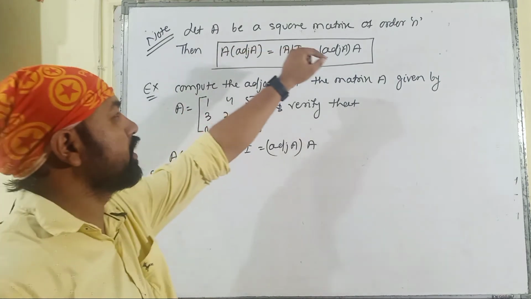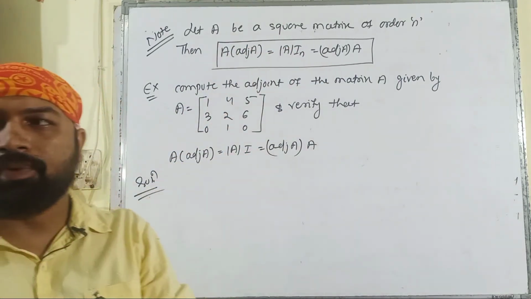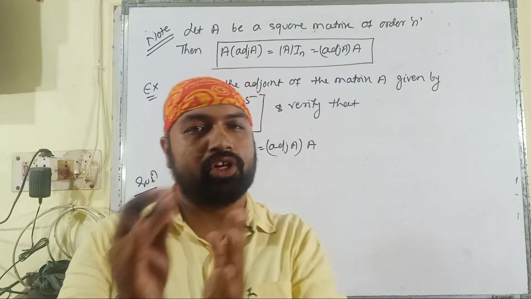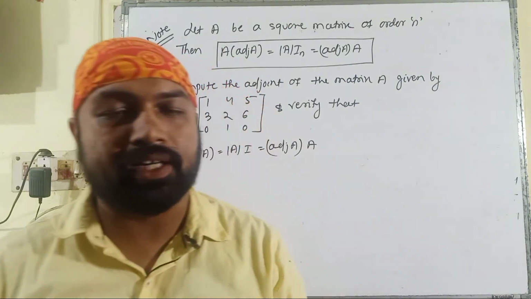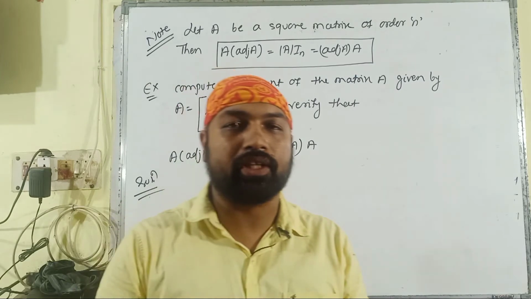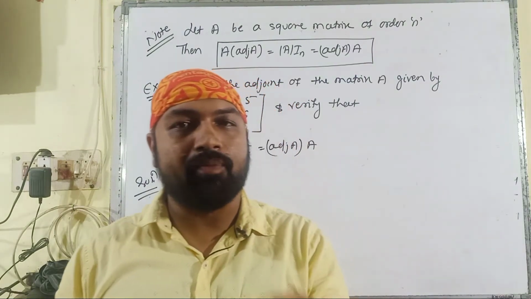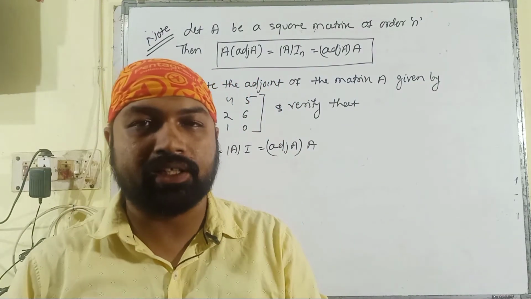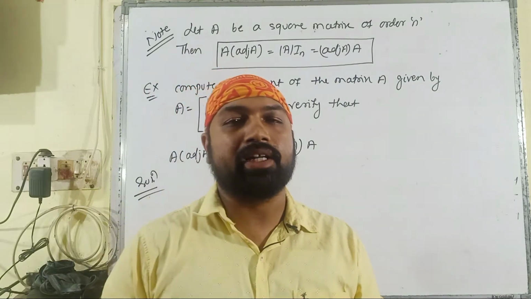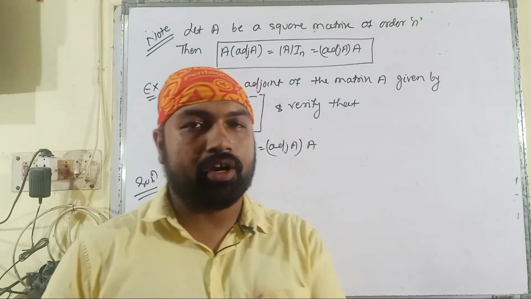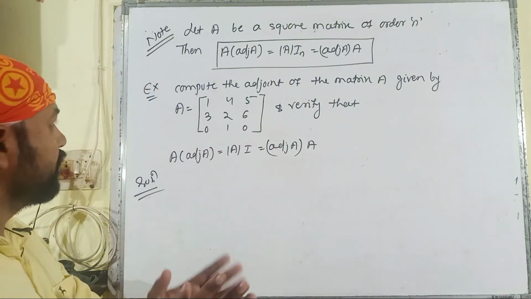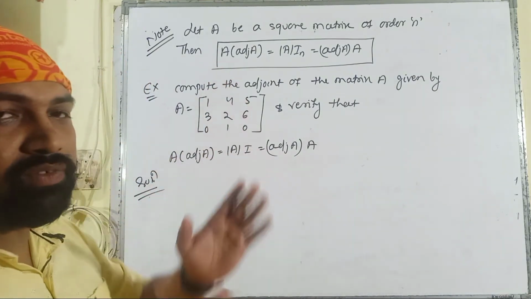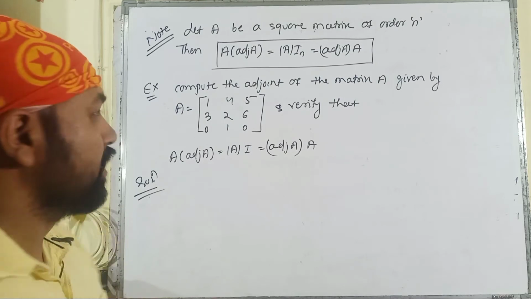If A is a square matrix of order n, then the multiplication of the matrix A with adjoint of A, or the multiplication of adjoint of A with the matrix A, gives you the same result, that is determinant of A multiplied with an identity matrix, and the order of the identity matrix is the same as the order of the given matrix A. So let us discuss some of the problems based upon the theorem which is based upon adjoint of a square matrix.